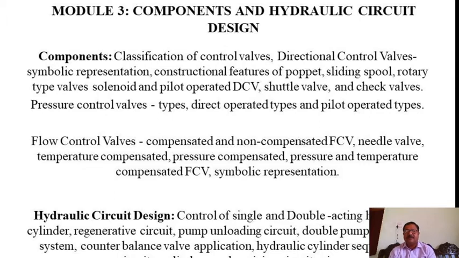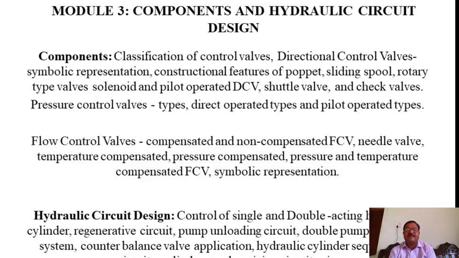Here, one thing you must be very clear about. The direction of the liquid in any hydraulic system can be changed. Particularly in the hydraulic system, the example is oil. The direction of the oil can be changed.